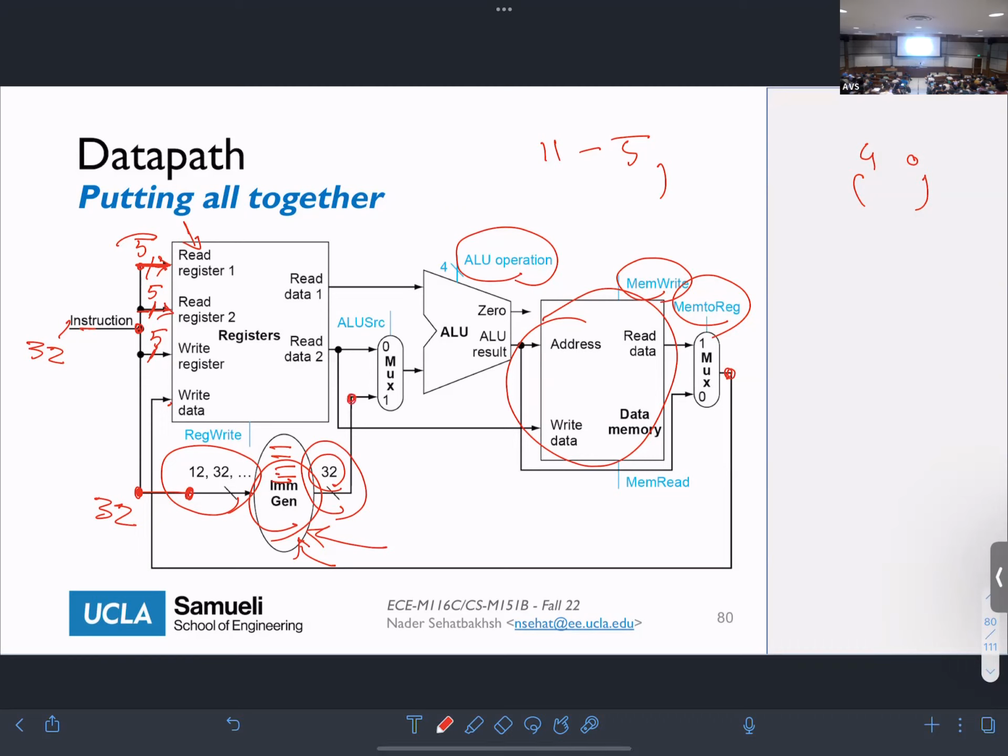At this point I have the 32-bit value of the immediate. So this is my immediate, sign extended, 32 bits, perfect. And this is the output of RS1, and this is the output of RS2, okay? So far we know what's going on in this left side of the figure. Any questions so far?